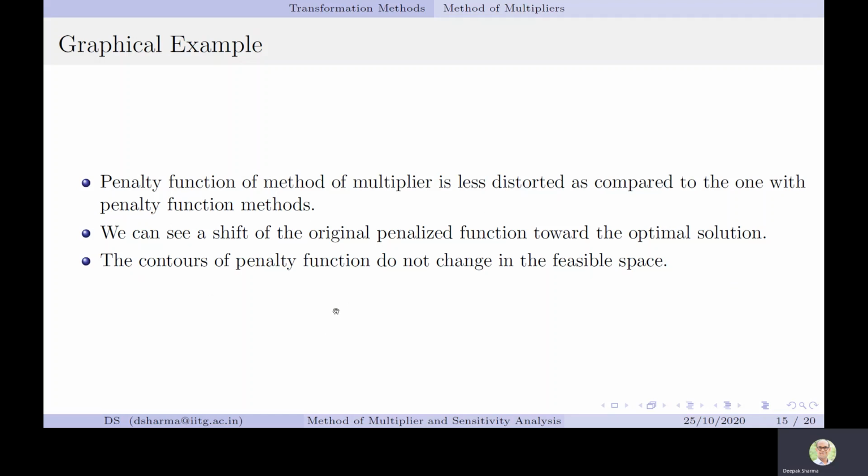So the observation is the penalty function or function of method of multiplier is less distorted as compared to the one with the penalty function method. And that is the whole aim, because the distortion makes artificial minima that we can remove using the method of multiplier. Second is we can see a shift of the original penalized function towards the optimum point. And the third is the contour of penalty function do not change in the feasible space.